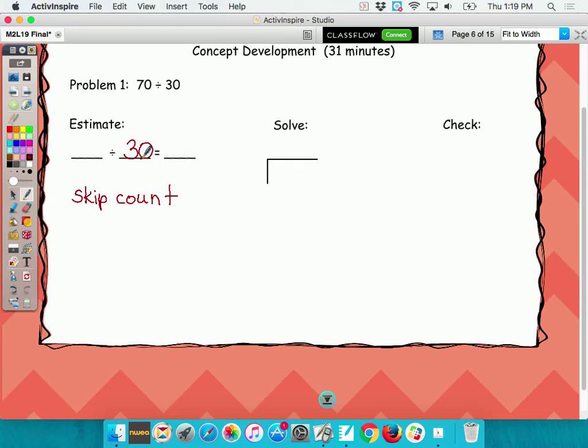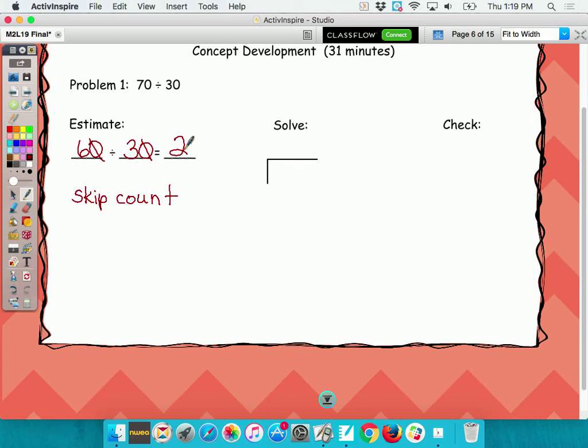Now, I could choose 90, couldn't I? But I don't want to choose a number larger than my dividend. So 60's right. So according to my first strategy of finding a starting point, I would write a 2 on the top of my division sign, correct?